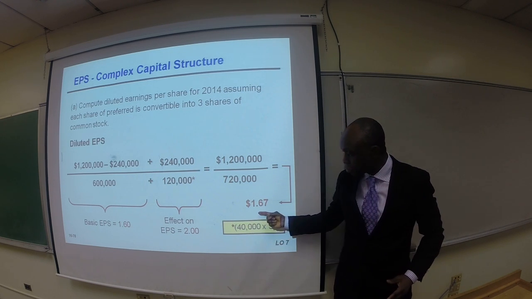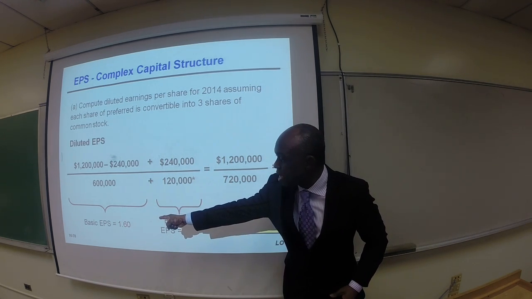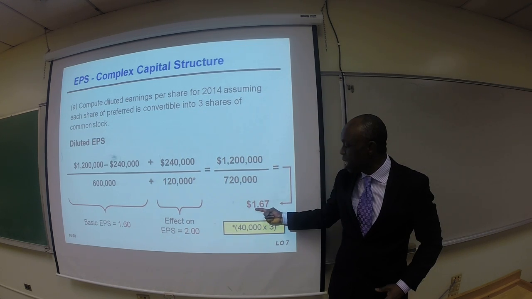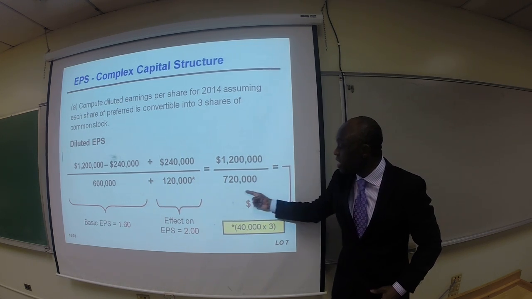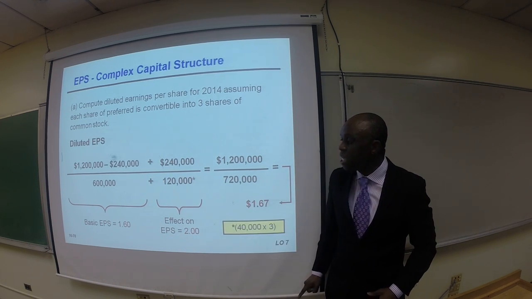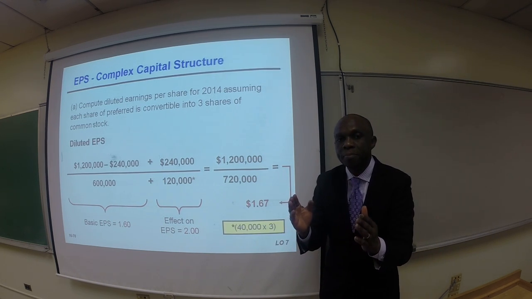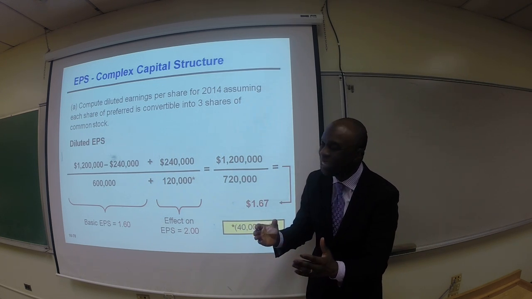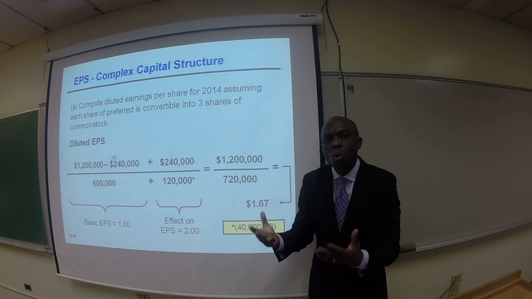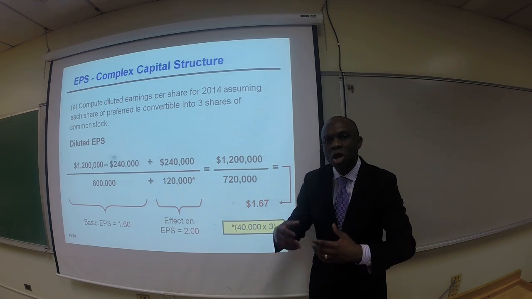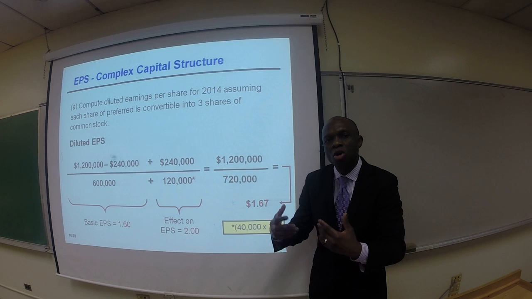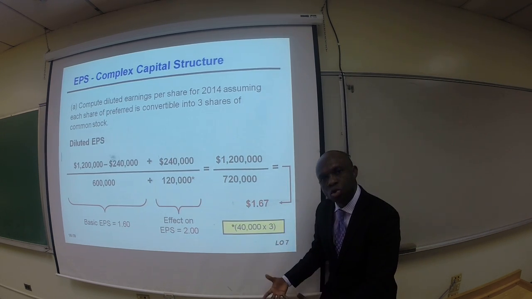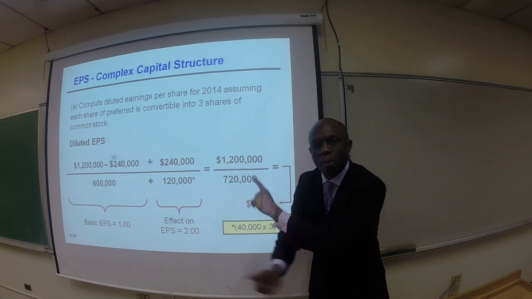What happened here? Basic EPS is $1.60. Diluted EPS is now $1.67. So it's actually higher than the basic EPS. Don't forget, the purpose of going through all this trouble in calculating diluted EPS is to warn the potential investor that if convertible securities are converted into common stock, there's a possibility that the EPS will be diluted, will be decreased. But here, the opposite happens.